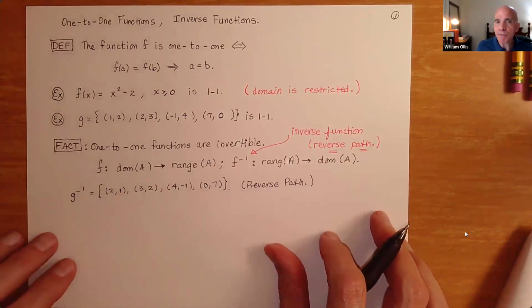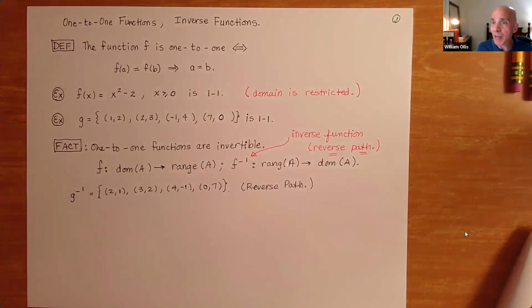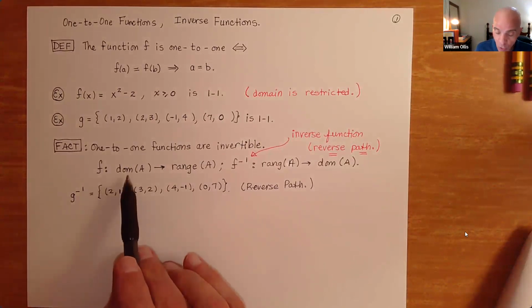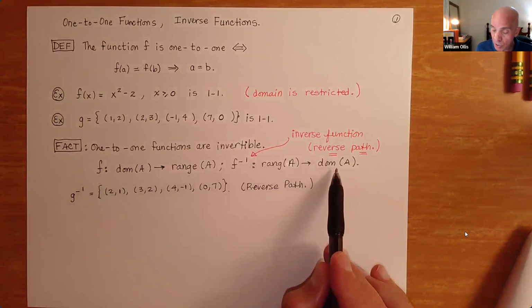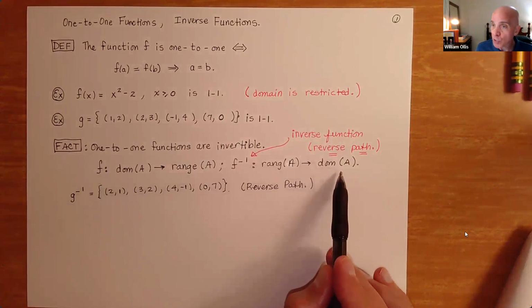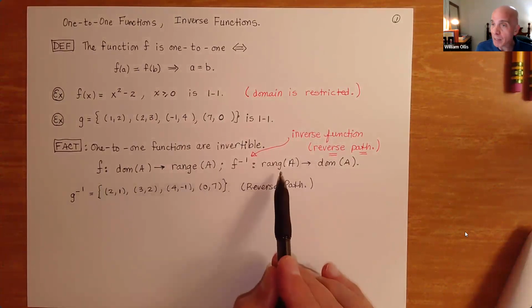Now, one thing that's important here is, in order to get that reverse path, what is going on is exactly what you think. That is, the domain of f becomes the range of the inverse function. The range of f becomes the domain of the inverse function.